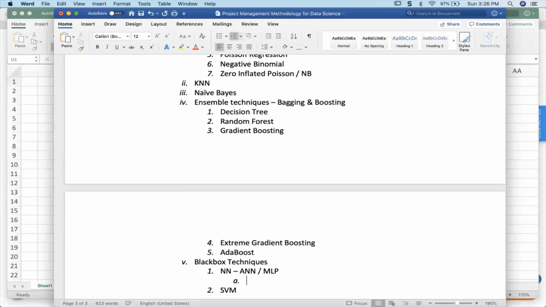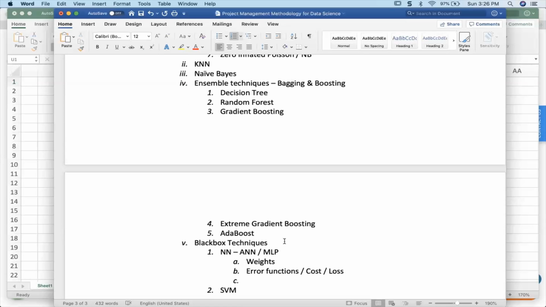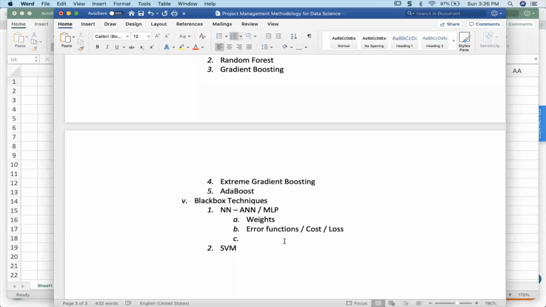So let me put it here. How do you calculate weights for both perceptron and multi-layered perceptron? Then various error functions. Error is also called a cost function or a loss function. Categorical cross entropy, binary cross entropy, manually looking at all these things.